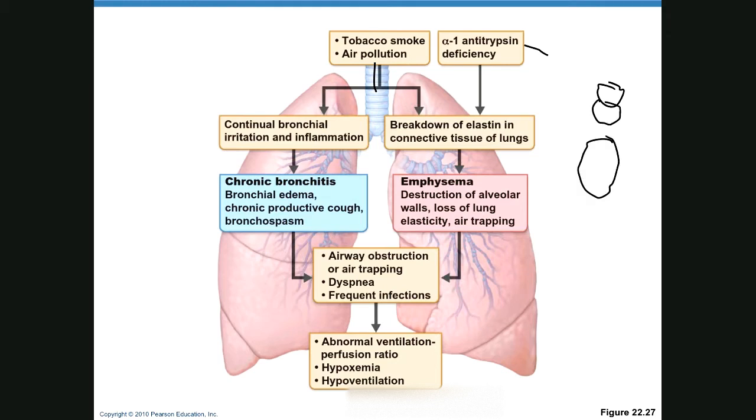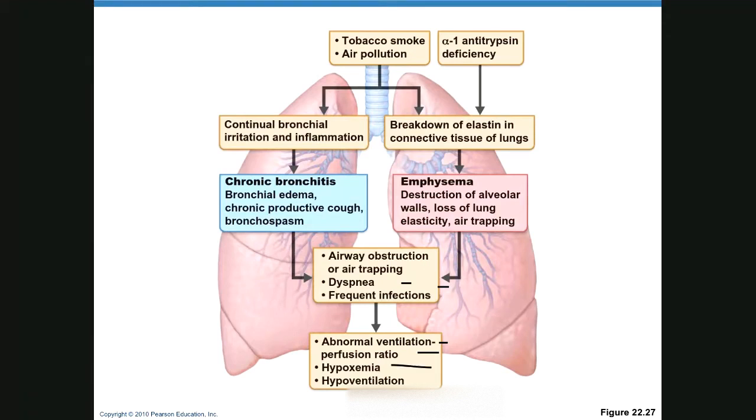So you end up with much less surface area for exchange, because we had capillaries all around here, but now we can only get them all around here. And also you get air trapping. And when this happens, you get dyspnea, infections, abnormal ventilation to perfusion ratio. That means you breathe real hard and still don't get oxygen where it goes.